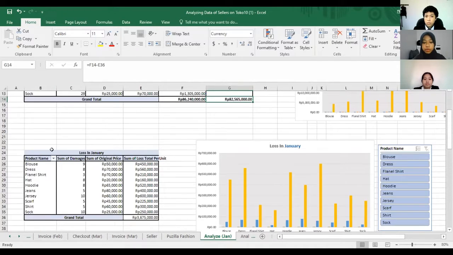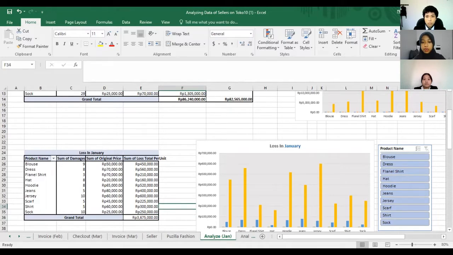The next is the pivot table for loss in January. This table consists of 4 columns, namely product name, damage, original price, and total loss per unit. This column is obtained from the calculation of the original price multiplied by damage, and the grand total using the basic sum formula, namely sum from E26 to E35, with the result of 3,675,000 rupiah.